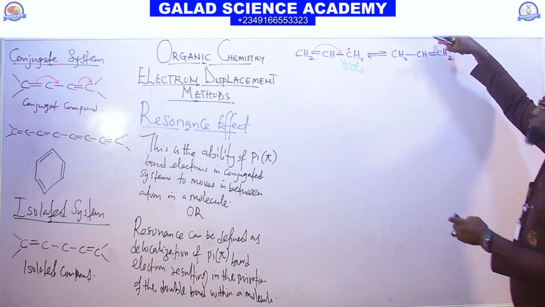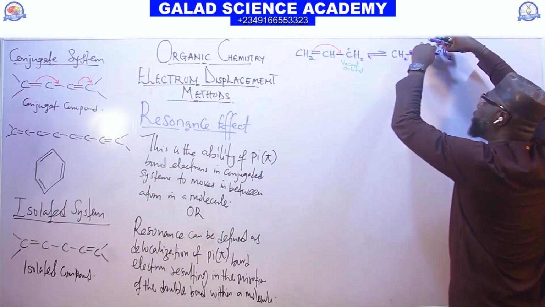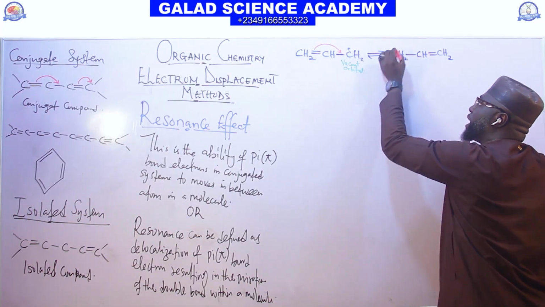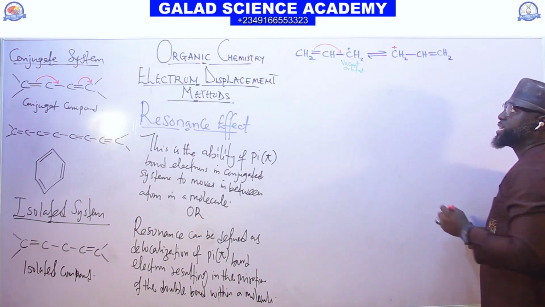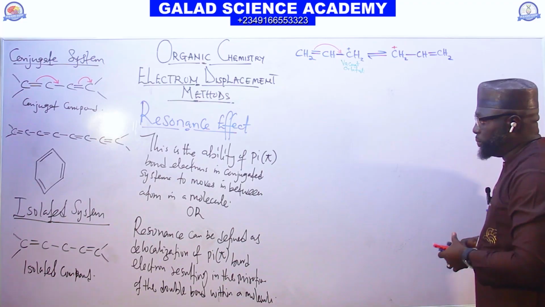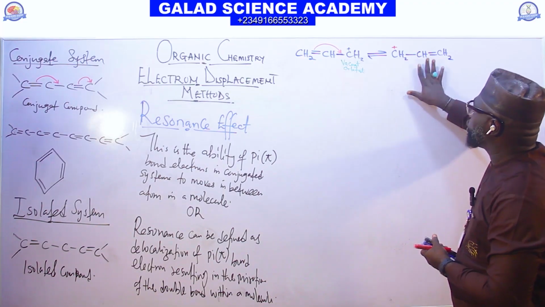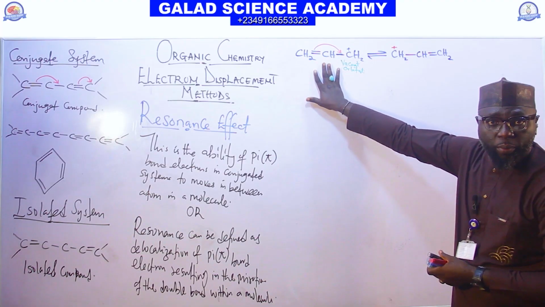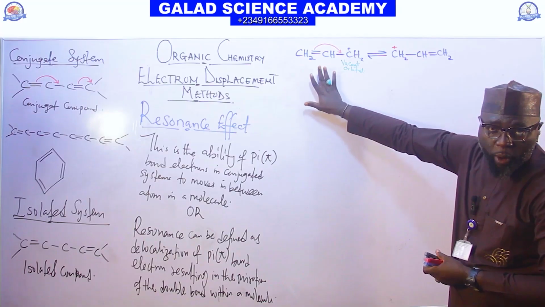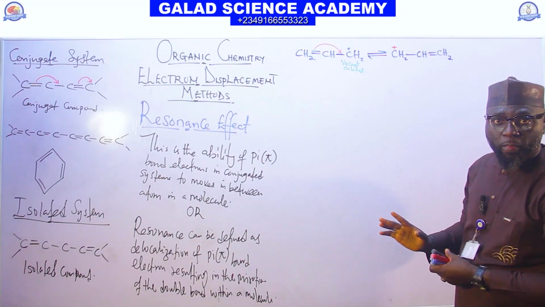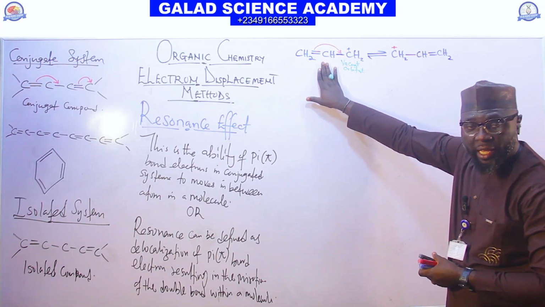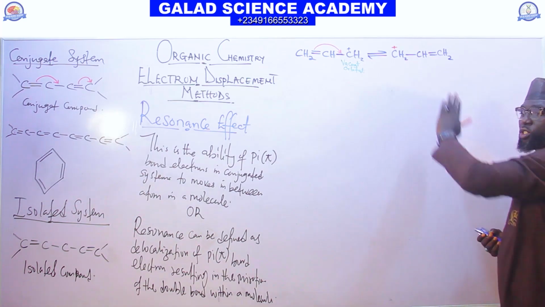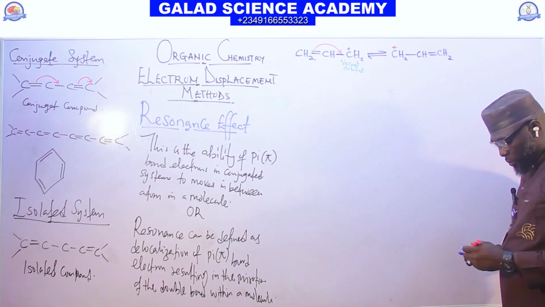The positive here will disappear because it has gained electrons to itself, and the positive on top will now come to the side. So this is the resonance structure for this propene carbocation, or propene carbonium ion.